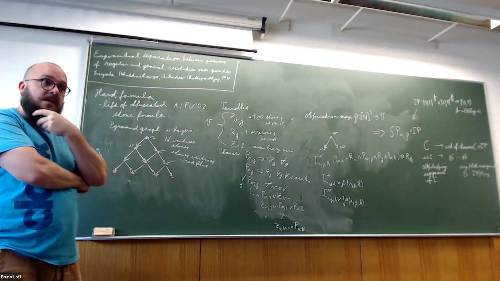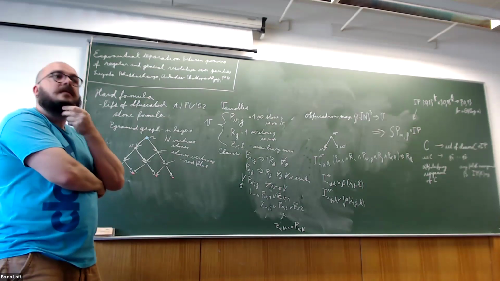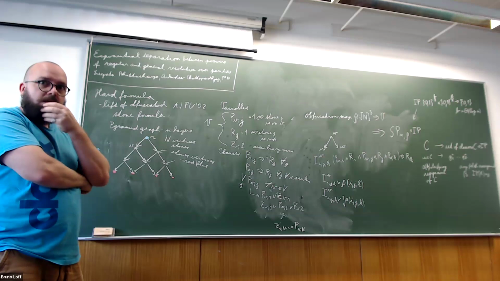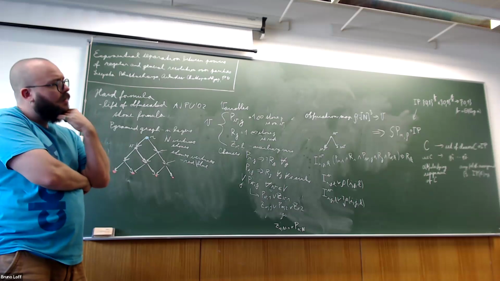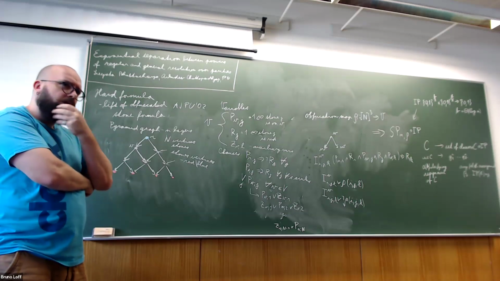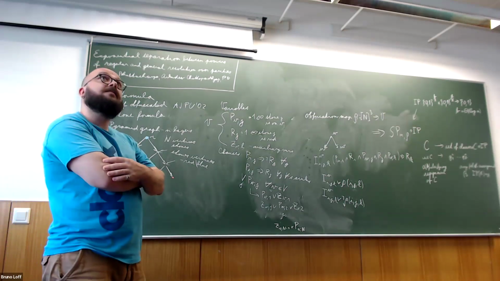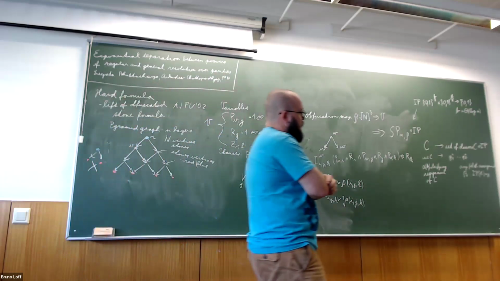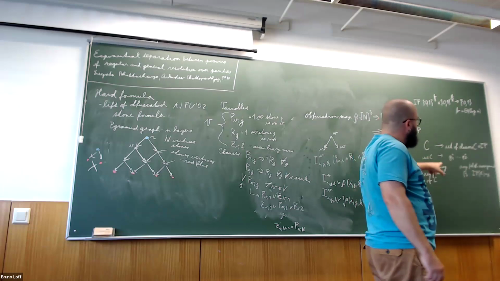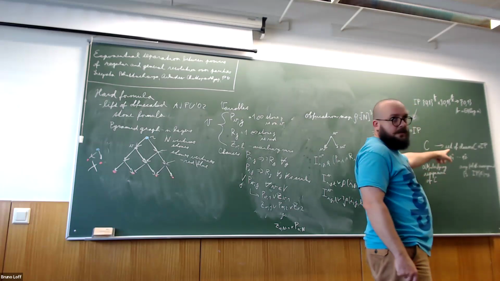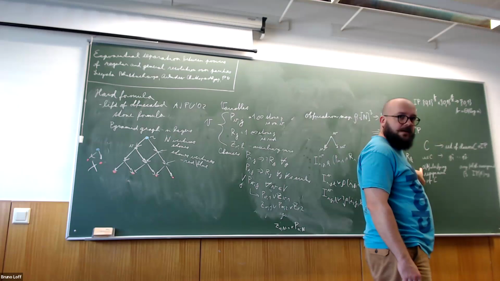Now every Boolean function can be written as a CNF. The clause is also a function. You make a conjunction of the negation of any preimage of alpha.